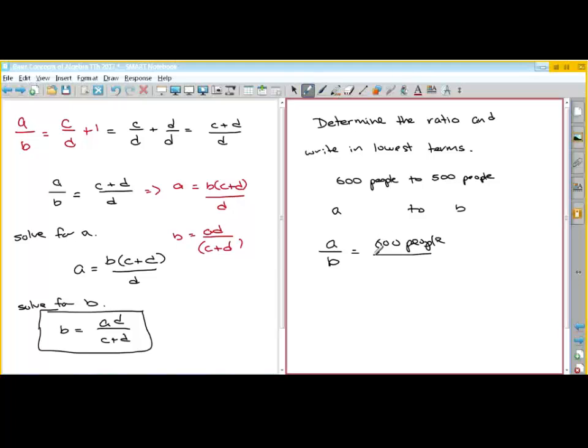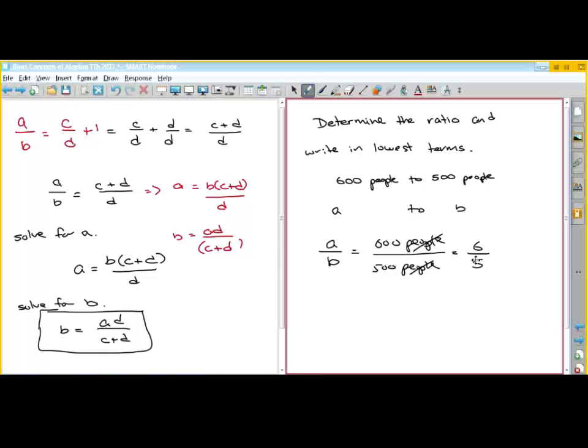So you'd have 600 people for A, and 500 people would represent the denominator. You can see the units cancel out. And if I divide the numerator and the denominator by 100, I can simplify it down to 6/5. So the ratio is 6/5.